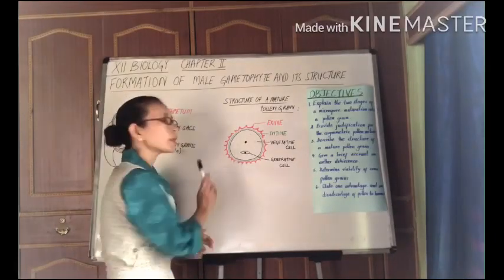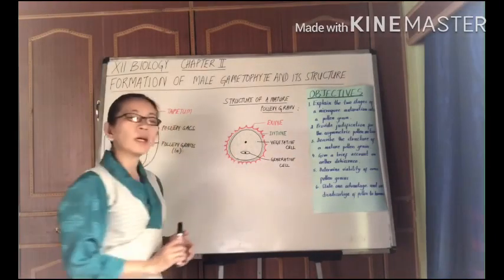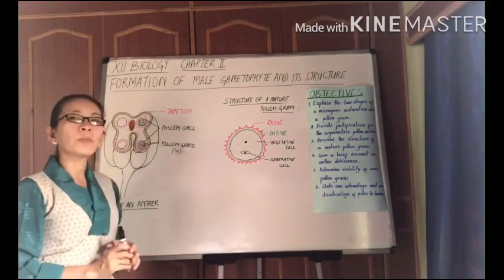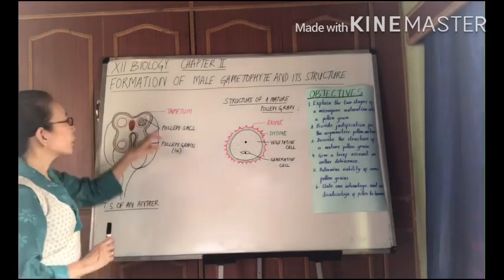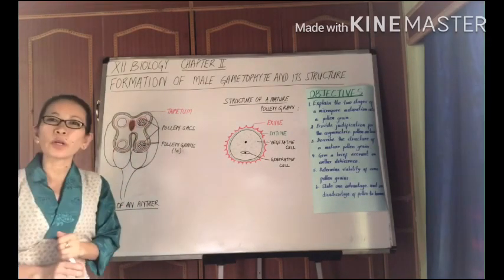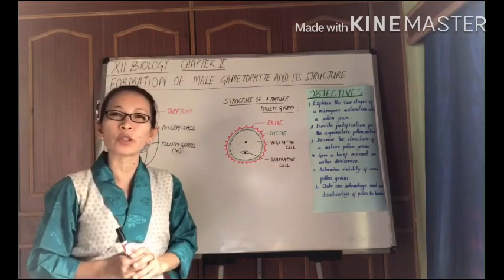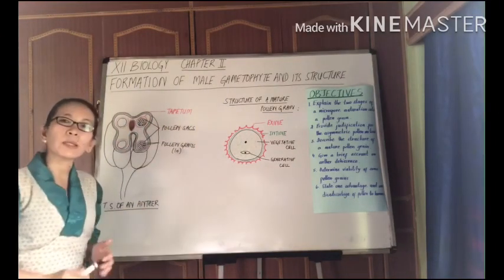Whereas the outer layer, the thick multi-layered outer layer, which is known as the exine, is formed from the layer or the cells which surround the microsporangia, right? We learned about four different layers surrounding the microsporangia, and the innermost layer was the tapetum, right?